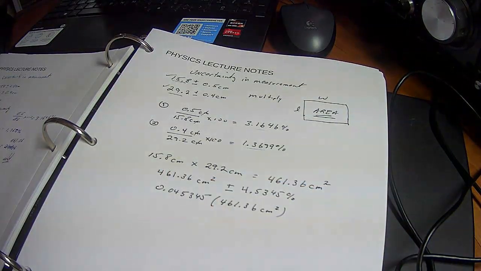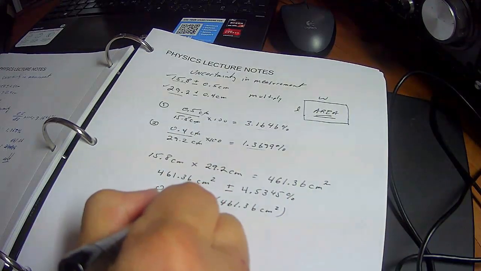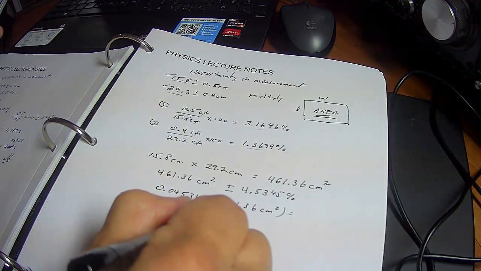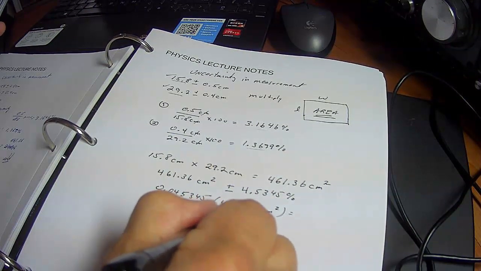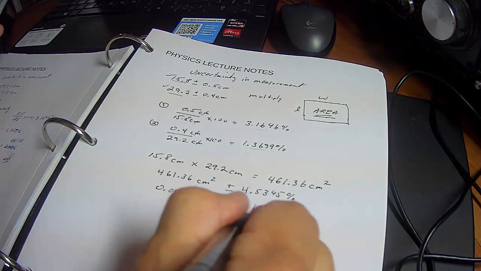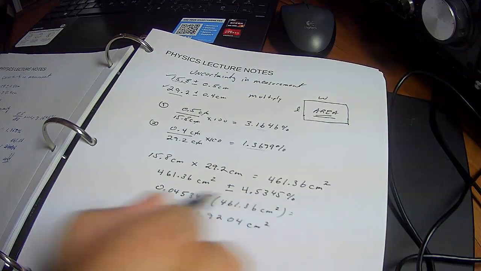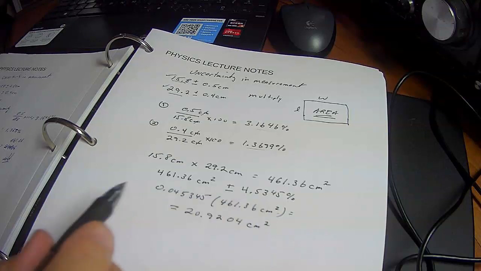And when I do that, let me do it on the calculator here, 0.045345 times 461.36, and that works out to 20.9204 square centimeters. The units, of course, stay the same.